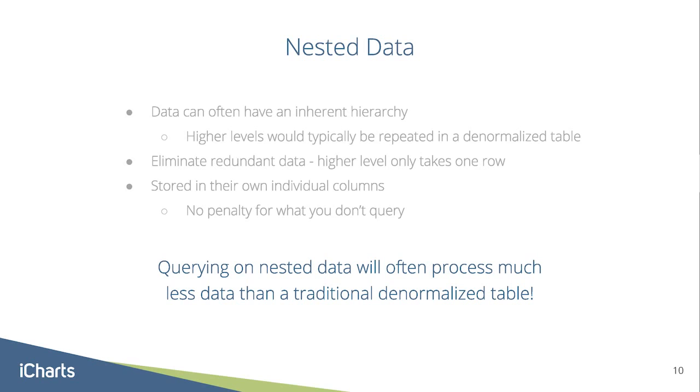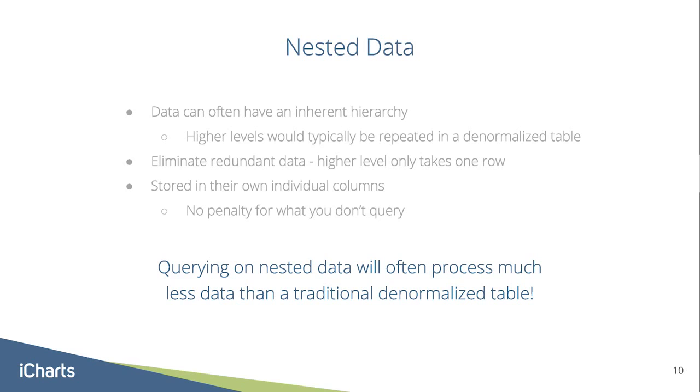And with BigQuery, when you're nesting data into nested records and repeated records, all those fields are stored as their own separate columns. And so again, just like your regular denormalized table, you're not getting penalized for any column that you don't actually query.